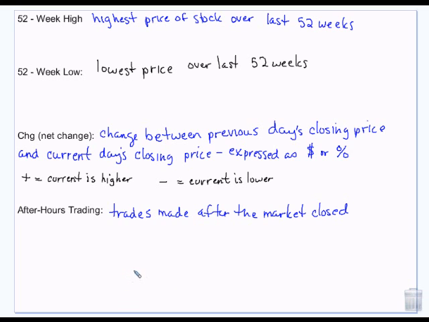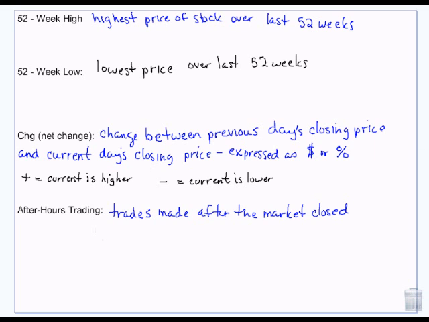If I lived in Florida, I called my stockbroker, and then they called somebody on the floor of the New York Stock Exchange, who went and yelled at somebody and bought the stock. Once the stock market closed, I could call whoever I wanted, and nobody was going to be able to get anything done. But now we have computers, and a lot of this is done through computers and automated systems. There are still people on the floors, but a lot is happening through computers too. And so you get after hours trading.